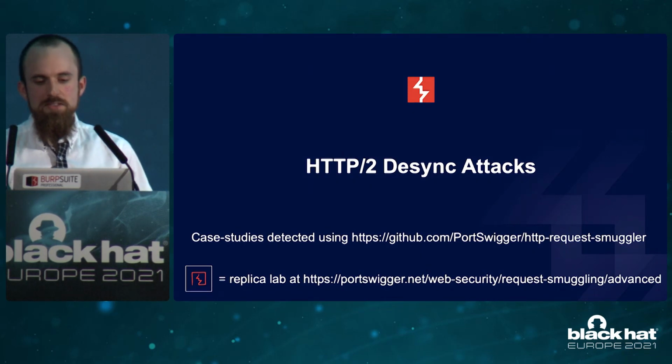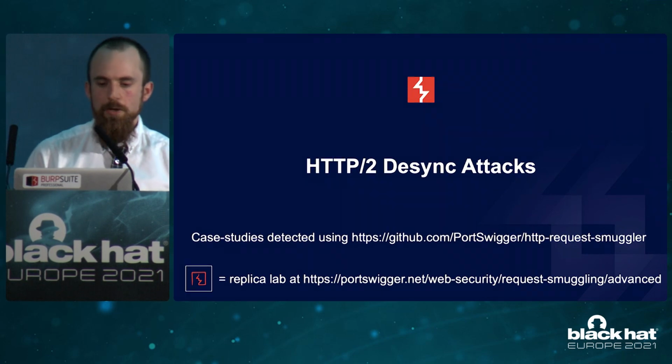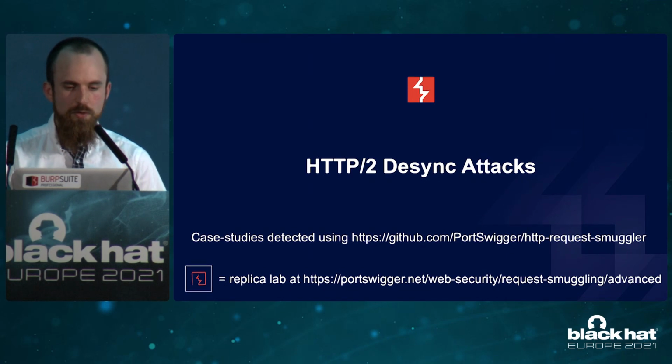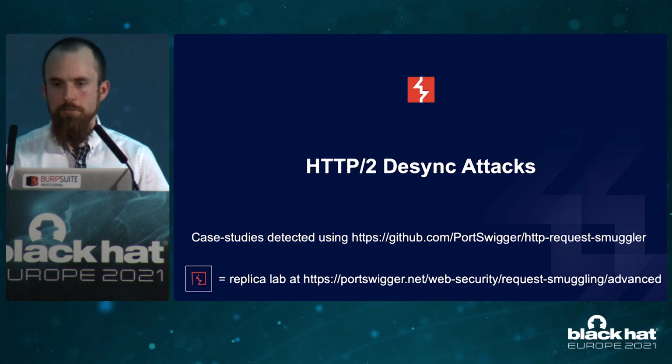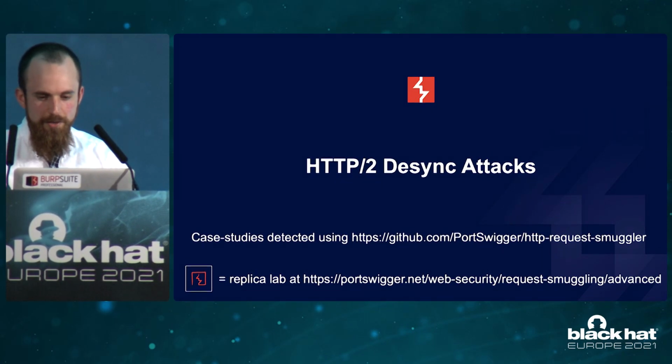So, now we understand HTTP2, let's see what damage we can do. As usual, all the targets in this section are real websites that had bug bounty programs. I found all these vulnerabilities with the automated tool HTTP Request Smuggler that I have released. And of any bounties earned, 50% have been donated to local charities by my company, and the other half are going to be spent on beer.